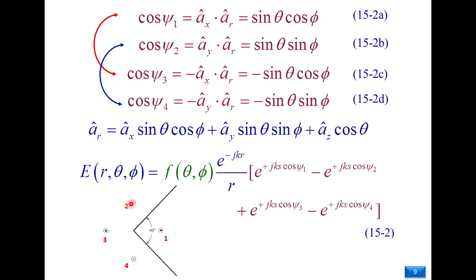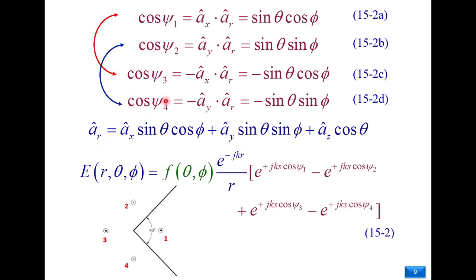For element 2, it is a y. For element 3, it's minus a x. For element 4, it is minus a y. So we have those 4 expressions for the cosine. Of course, the cosine can be found by the dot product of 2 unit vectors in the directions of those vectors.